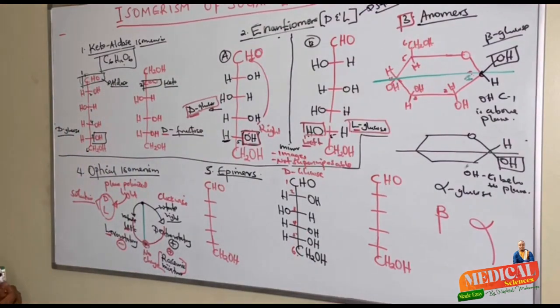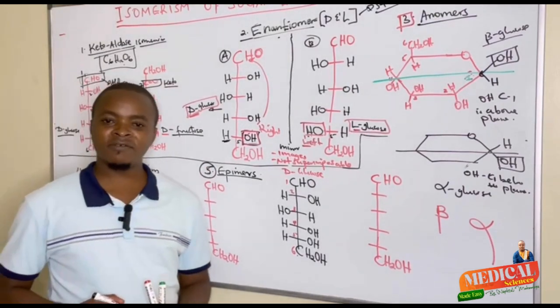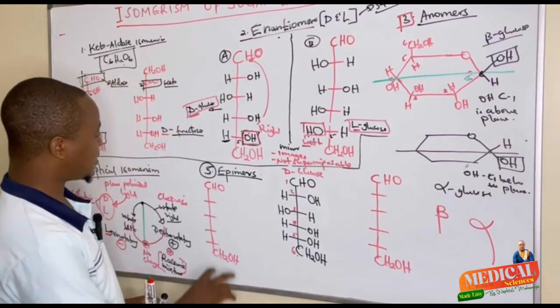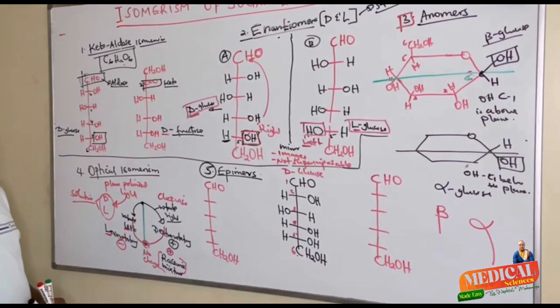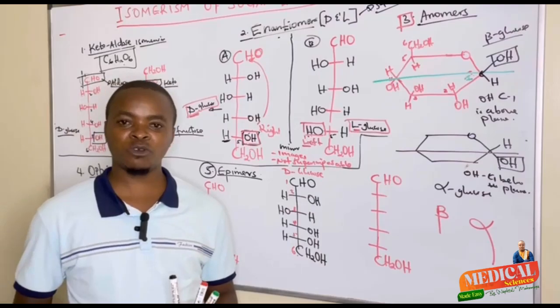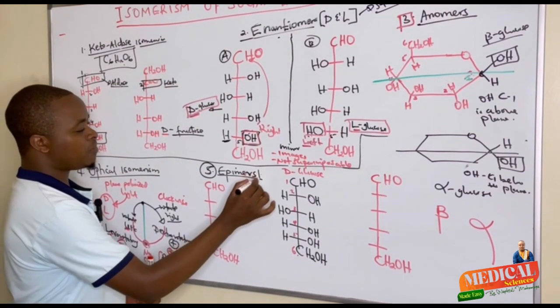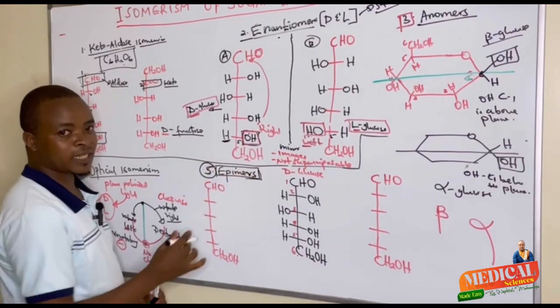And as we end, we want to end with number 5, and this number 5 is epimerism. These are the glucose molecules that portray epimerism, and we call them epimers. And what are epimers?